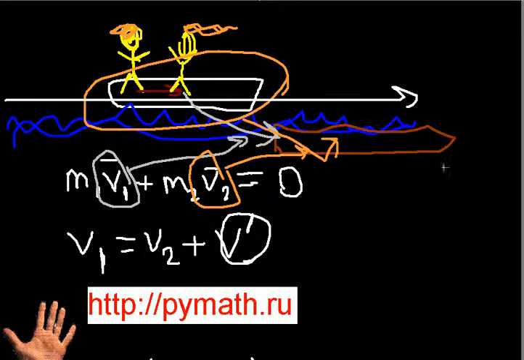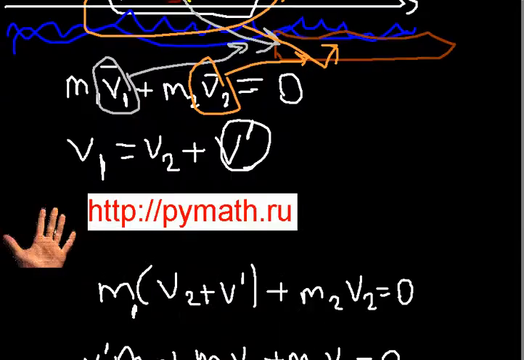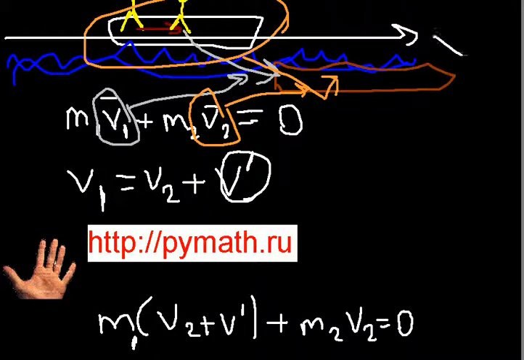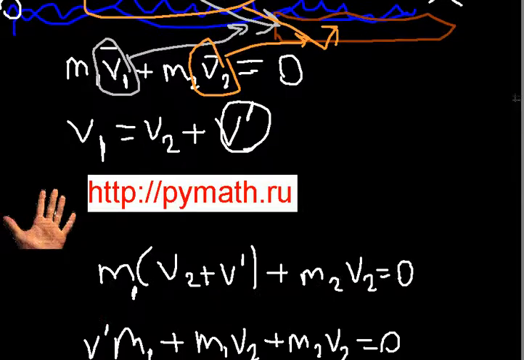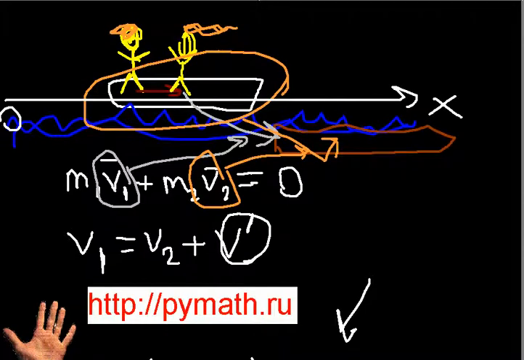When we have rewritten this equation using only projections on this axis OX, it's only projections because we don't have any vectors here.